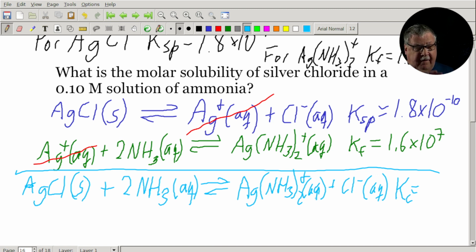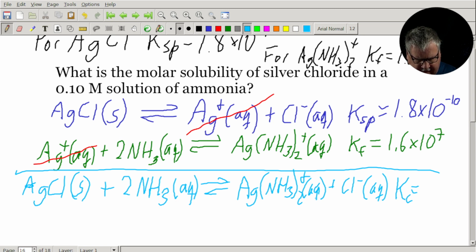If we were using state functions, and this is something we're going to go back to in the next chapter, we would add them. But because equilibrium constants are related to these state functions logarithmically, we end up multiplying the equilibrium constants together. So we're going to take 1.8 times 10 to the negative 10th and multiply that by 1.6 times 10 to the 7th.